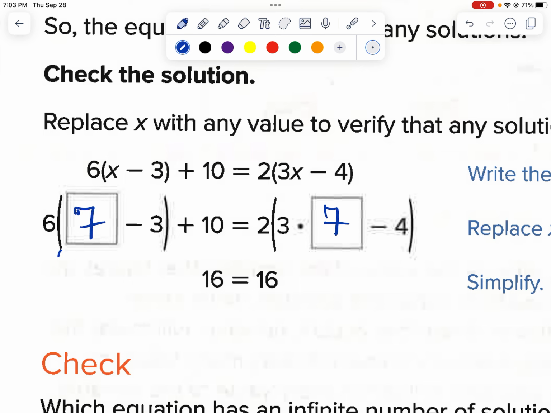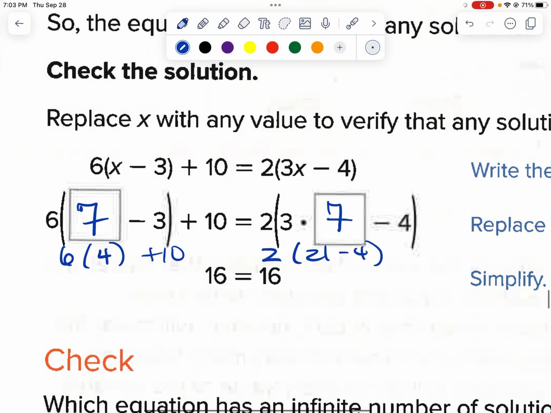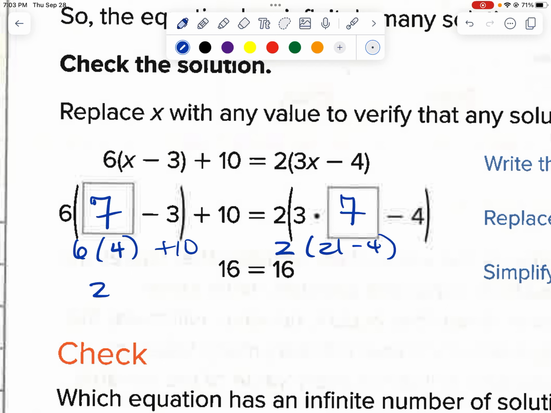If I do that, I would get 6 times 7 minus 3 is 4, plus 10. This would be 2 times... this would be 21 minus 4, sorry. This would get 24 plus 10.